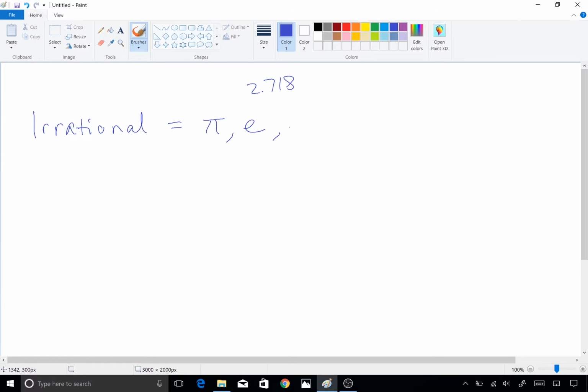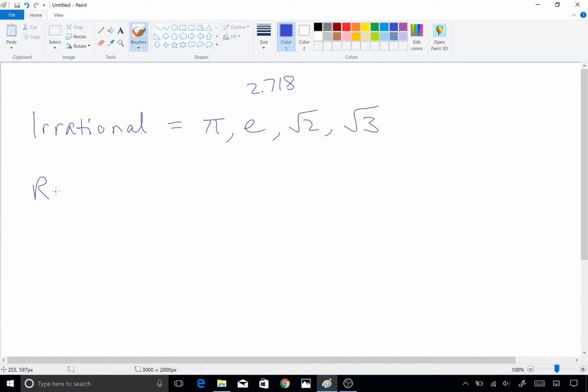Two other common ones are the square root of 2 and the square root of 3. There's no formula for how to get irrational numbers, and it's difficult to prove that numbers are irrational. I think discovering them is still an area of active research in mathematics.